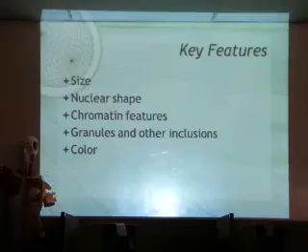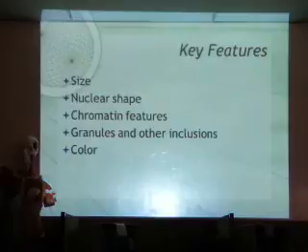You can determine how young the cell is by looking at the chromatin feature. Okay? But we're not going to go too much into that. We also look at the cytoplasm of the cells and see if there are any inclusions in it. Large inclusions, small inclusions, what color they are, and that determines what kind of cell it is.